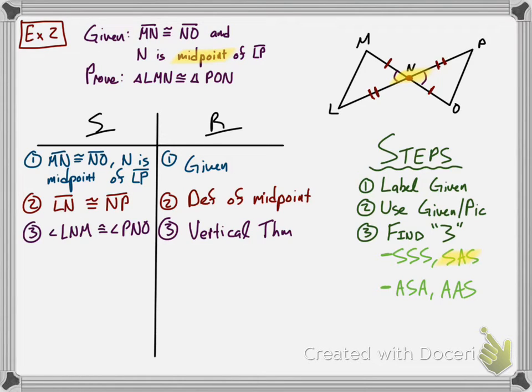We have our 2 sides and the included angle. So we can now answer the proof and say that triangle LMN is indeed congruent to PON because of side angle side.